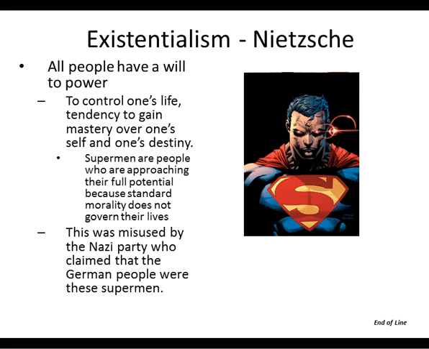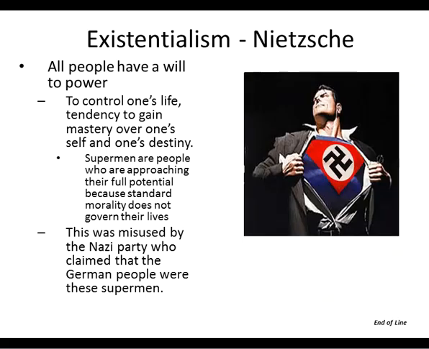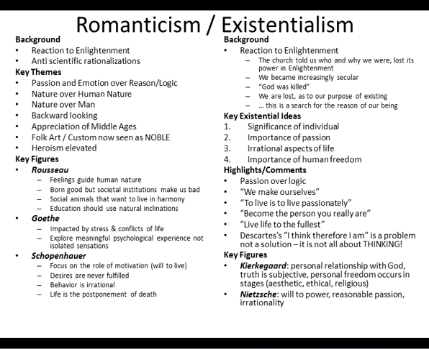So, as you saw in the videos as well, dealing on the Superman and Nietzsche's ideas, Supermen are not necessarily going to be individuals who are going to be superheroes like our Superman. It doesn't work that way.